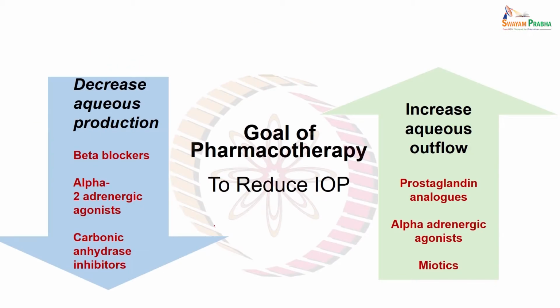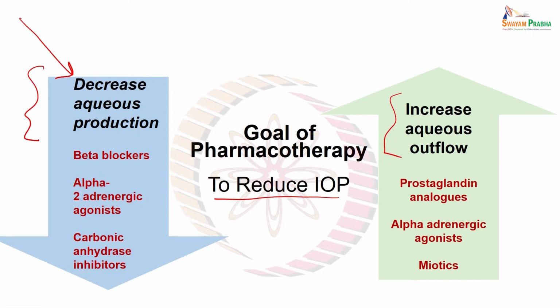Now, the goal of pharmacotherapy of increased intraocular pressure or glaucoma is to reduce intraocular pressure. Naturally, the intraocular pressure reduction can be achieved by two strategies: decrease aqueous humor production or increase outflow.